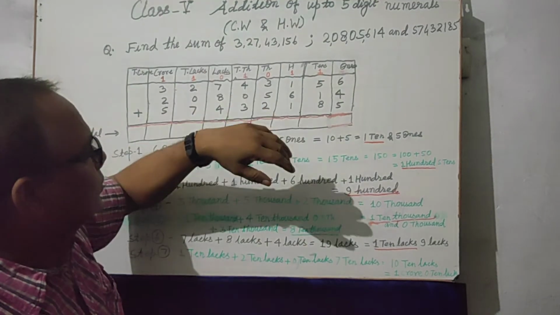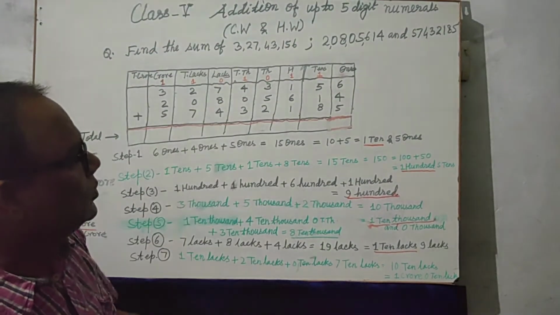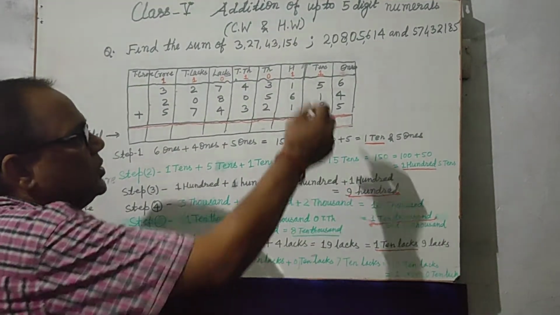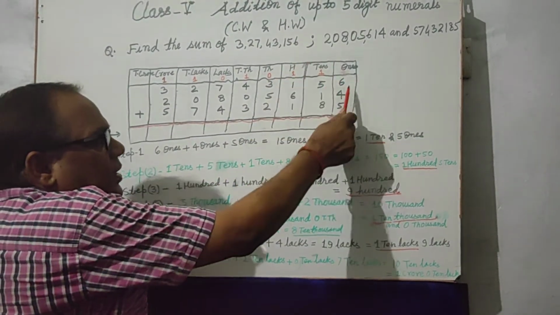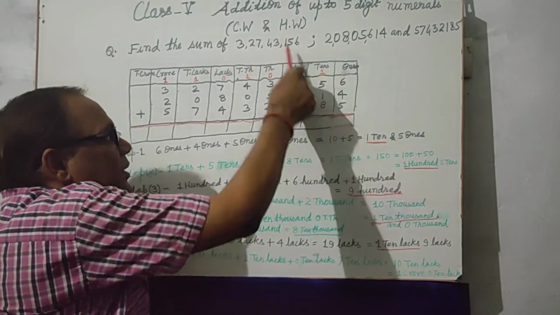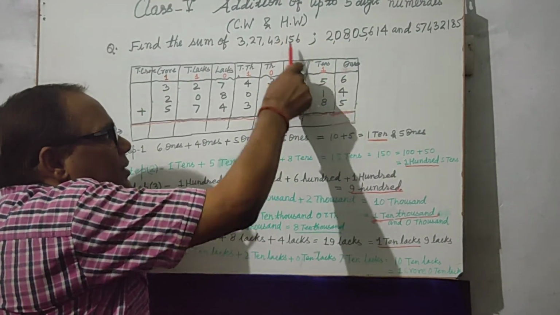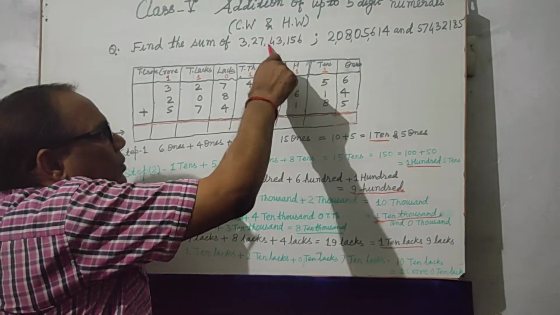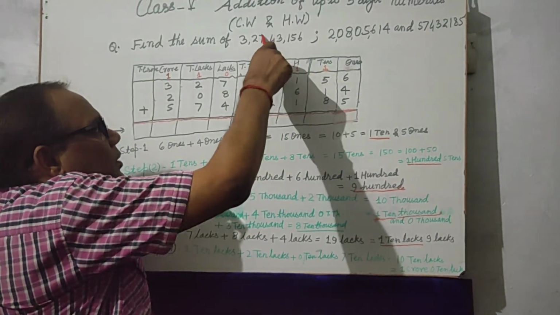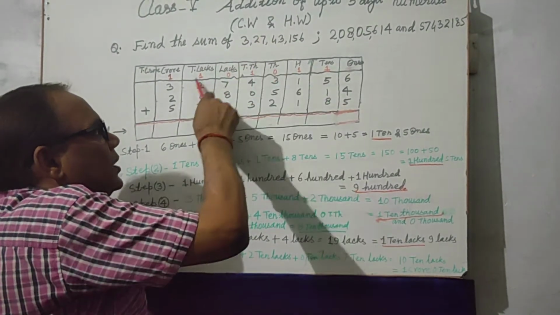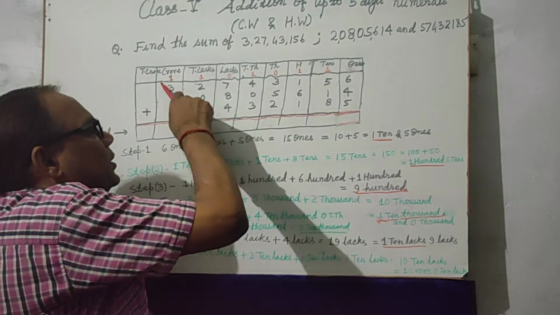Put your numeral according to its place value. 6 is at the place of ones, I have put it here. Similarly, 5 is at the place of tens, then hundreds, 3 thousands, 4 ten thousands, 7 lakhs, 2 ten lakhs, and 3 crore.